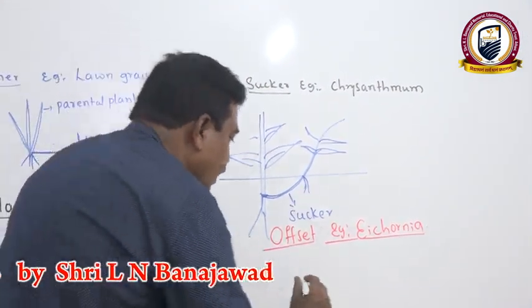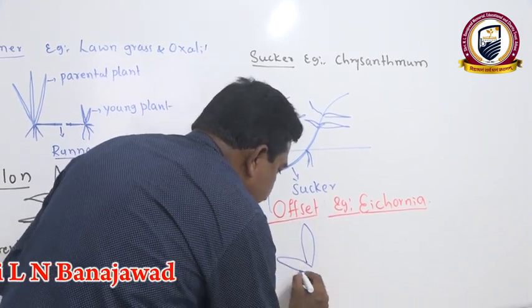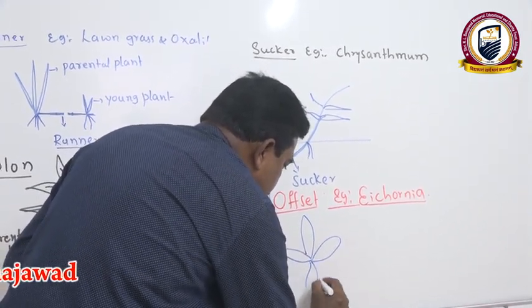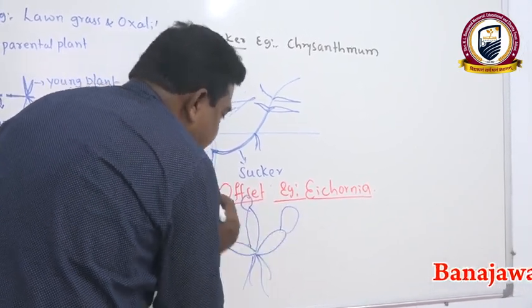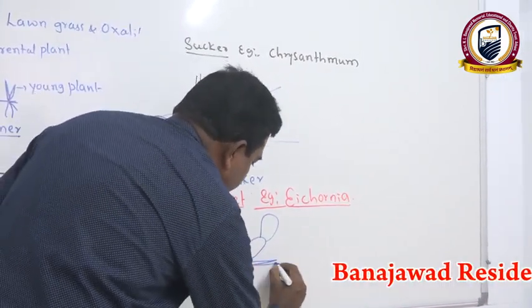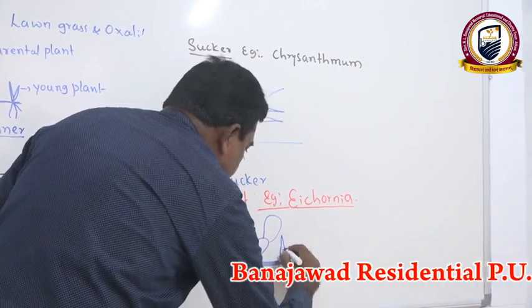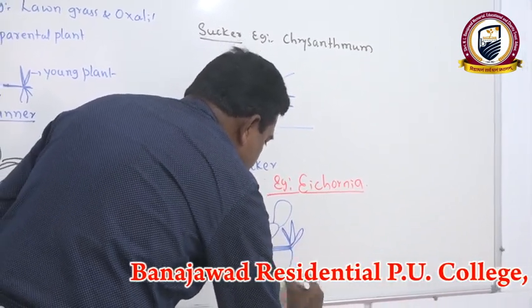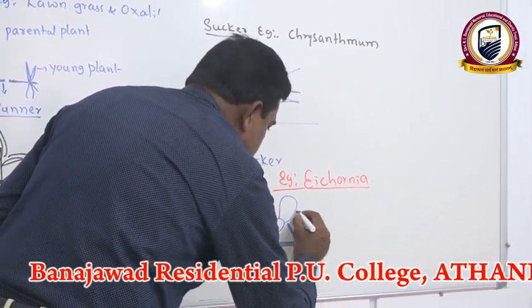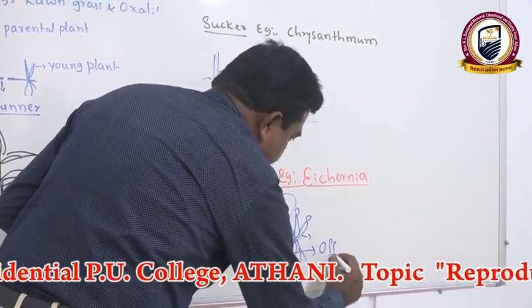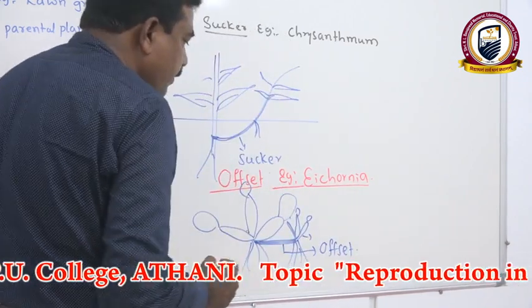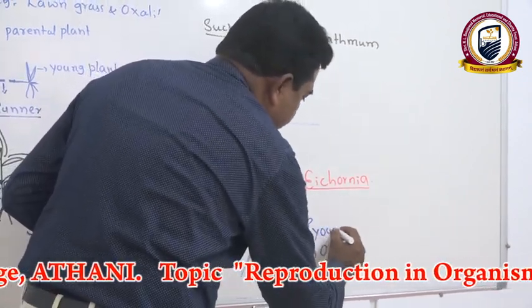This is an aquatic free floating plant and generally has some specialized characters. It gives a horizontal thick stem that itself we call the offset. This is what we call the offset. It is a young plant.